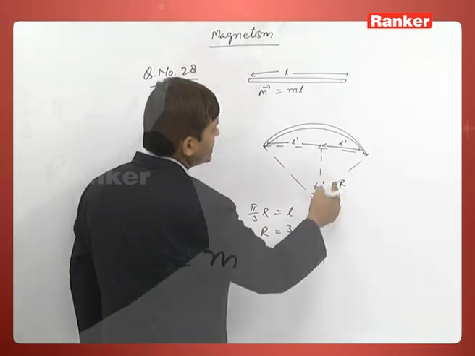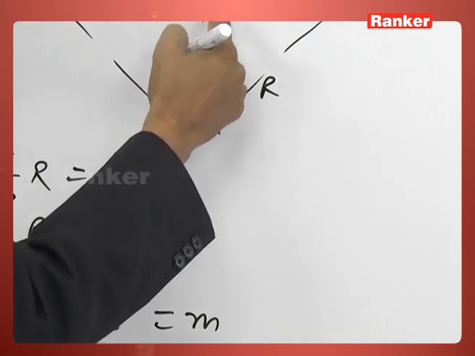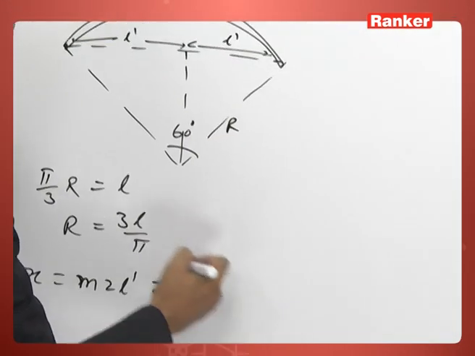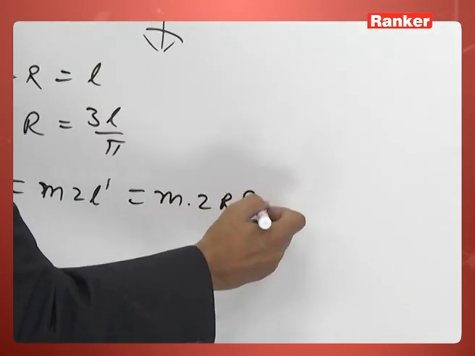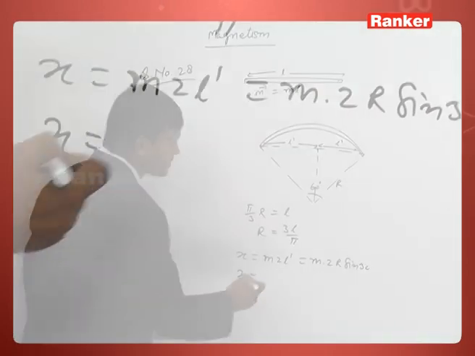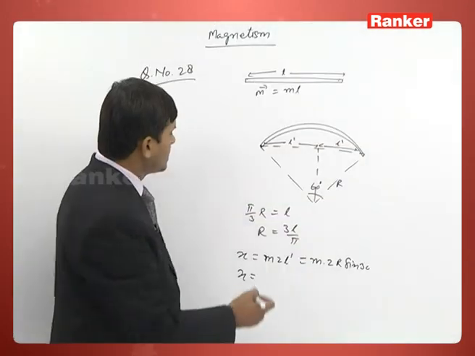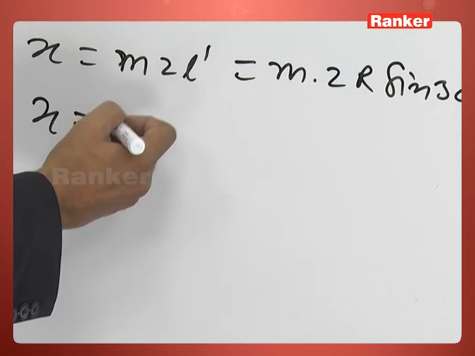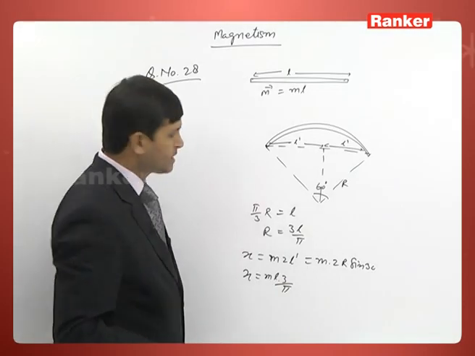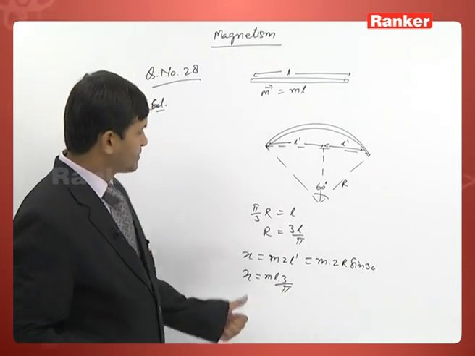This is r, and this angle is 30. So L dash is r sin 30, so 2L dash is r sin 30 times 2. So x is equal to m into r, and that means mL into 3 by pi. This is the value of x.